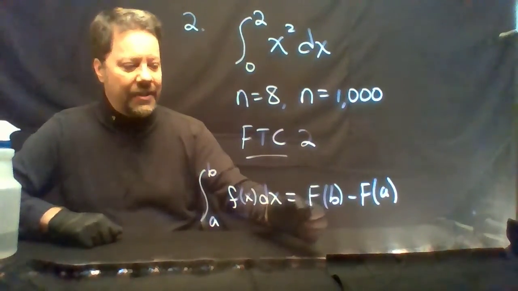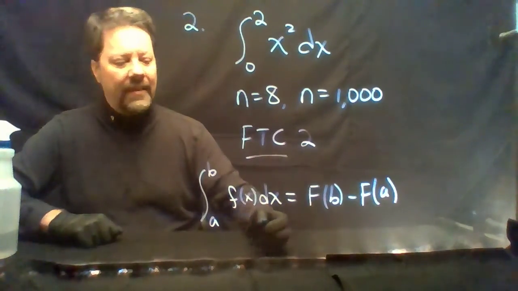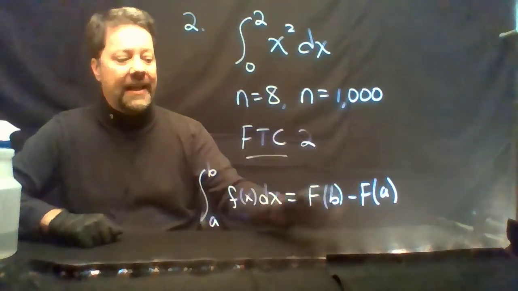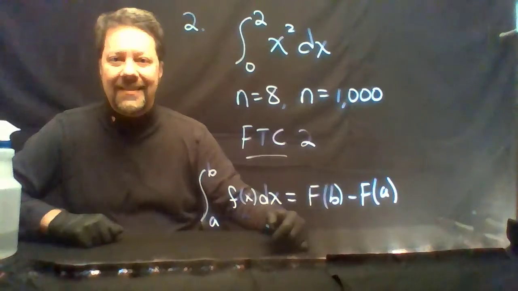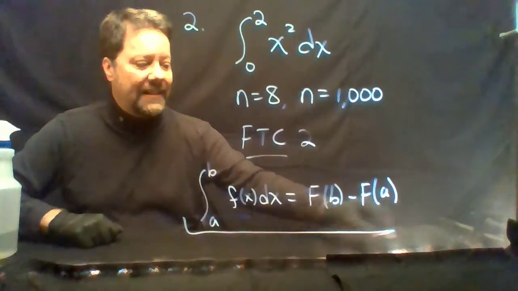We use the notation of uppercase letters to denote antiderivatives. To evaluate the area under the curve from a to b, find an antiderivative, evaluate at the endpoints, and subtract. This gives you the exact area.